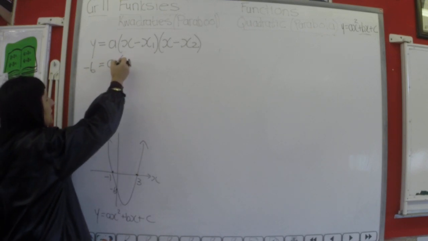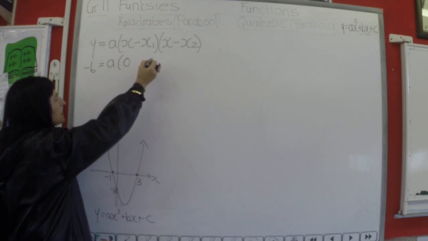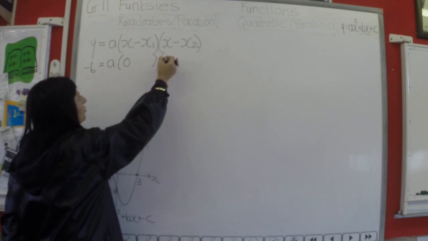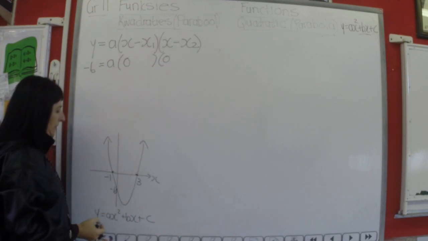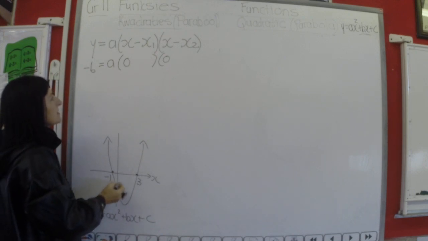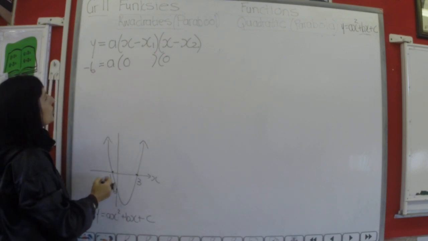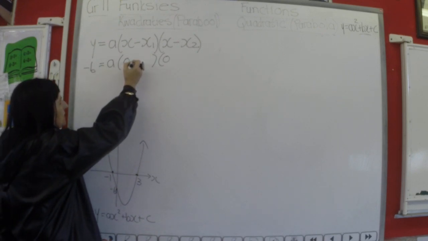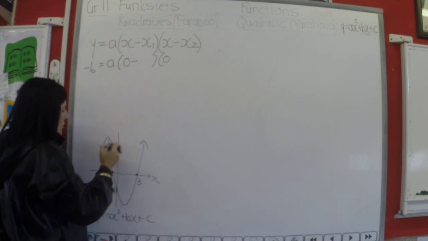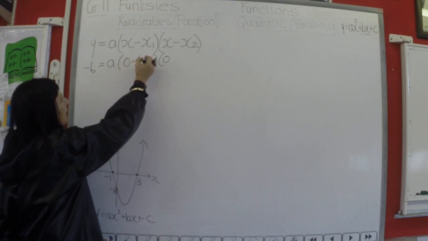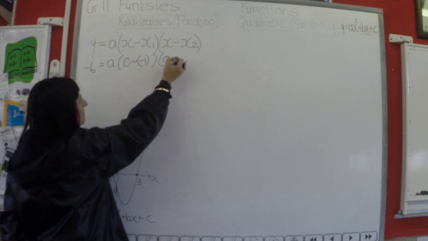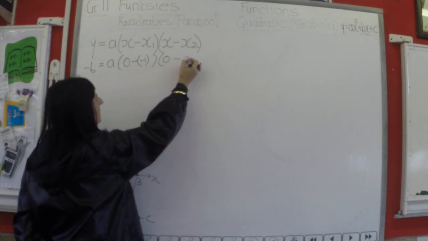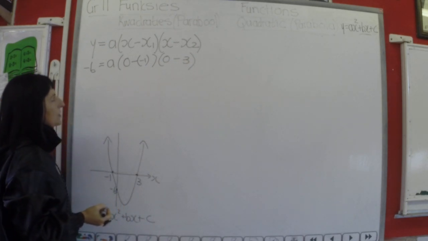Dan het ons sy x-maatjie wat 0 is en hy skryf ons 2 maal op die x-plek. Want dit is 0 minus 6. 0 minus 6. That's the coordinate that we've got. Dan het ons ons eerste x-afsnit, minus in the equation, and that one is a minus again. Minus 3. Now we can determine a.